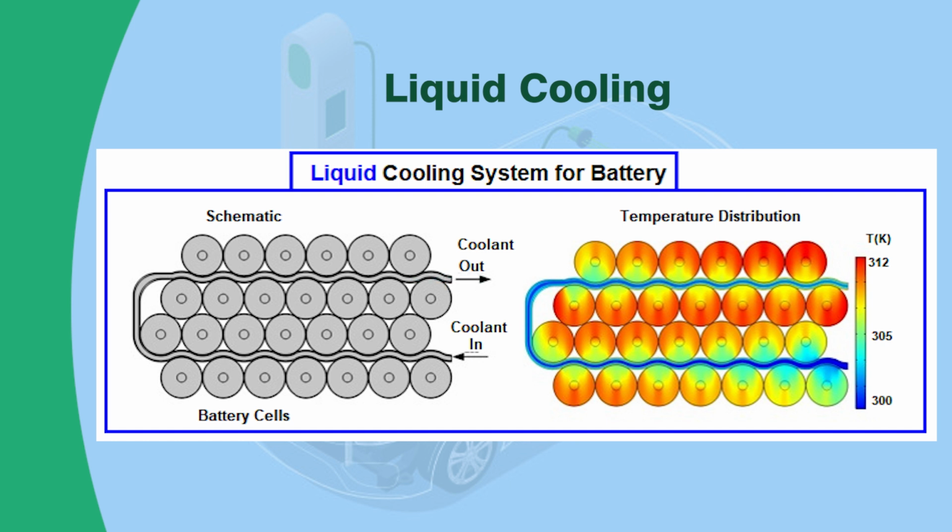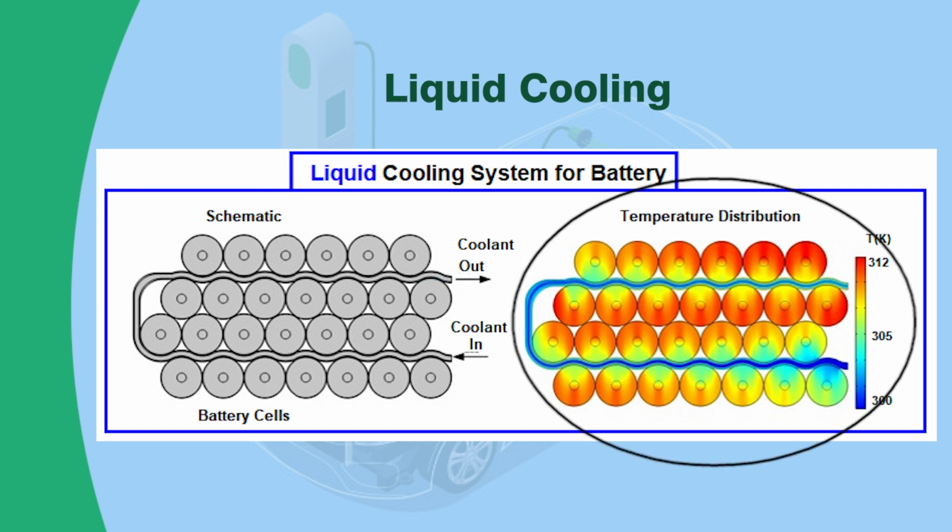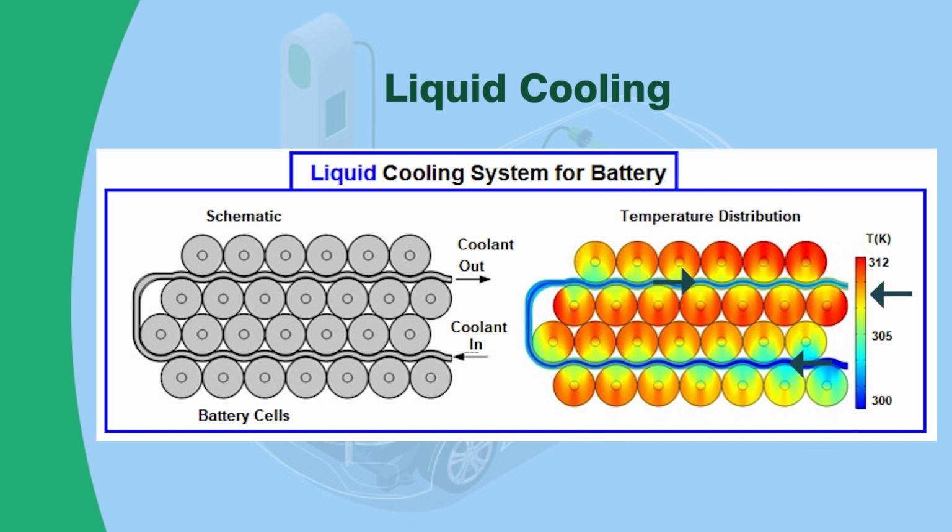The second figure in the same will give you the information on the temperature distribution. As can be observed, the lower cells where the coolant is just going in have a very low temperature when compared to the higher or top series of cells.